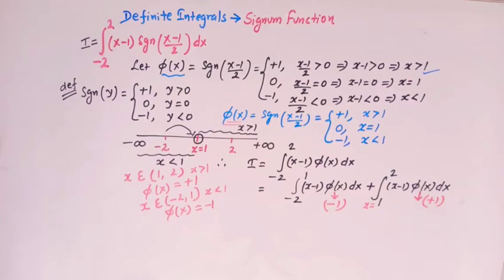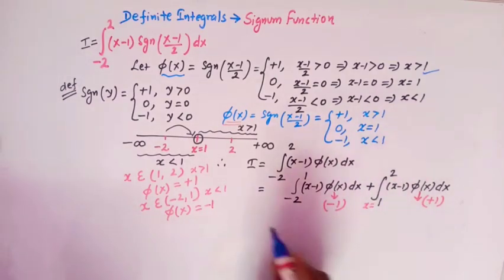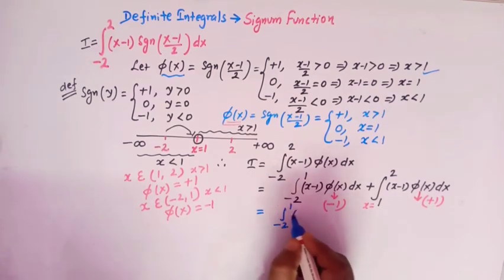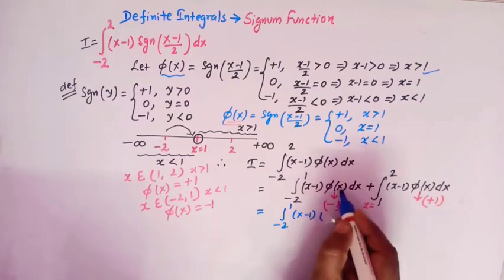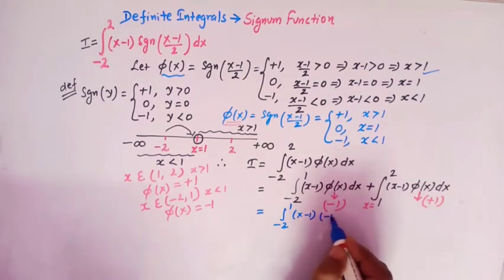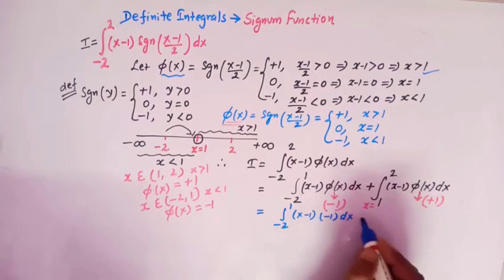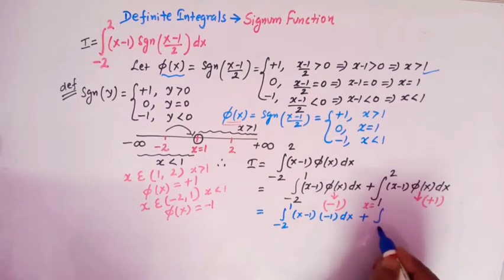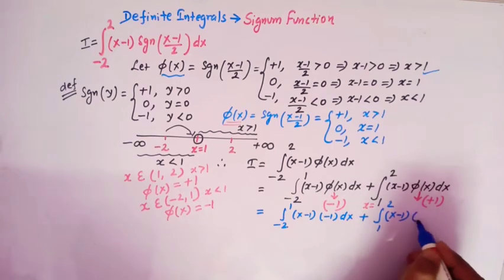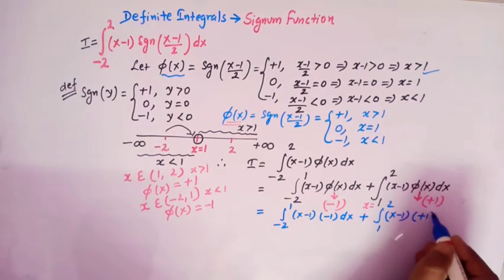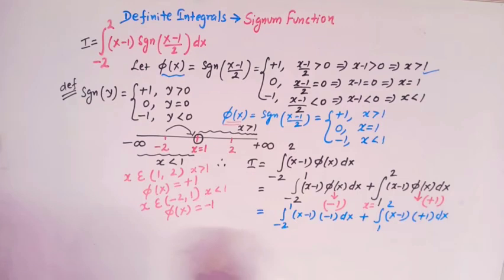Now we can rewrite these two integrals as the integral from minus 2 to 1 of x minus 1 times minus 1 dx, plus the integral from 1 to 2 of x minus 1 times plus 1 dx.